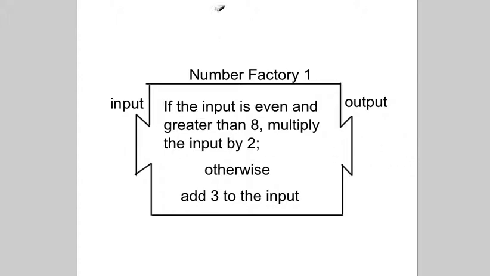So let's try a number that would satisfy both of those. Let's try the number 10. If I put 10 in the input, it is even and greater than 8, so I'm going to multiply it by 2. Therefore, the output is 20. That's how a number factory like this works.